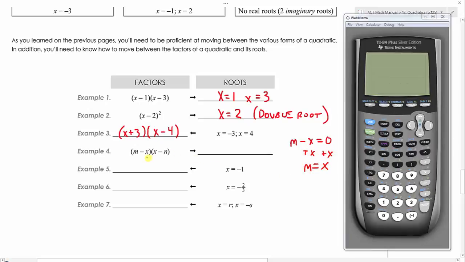And indeed, if I throw in an m here for x, I will see that this factor will become 0. So x equals m is one of my zeros of this quadratic. And then on the right, x minus n equals 0. Add the n, and I get x equals n.